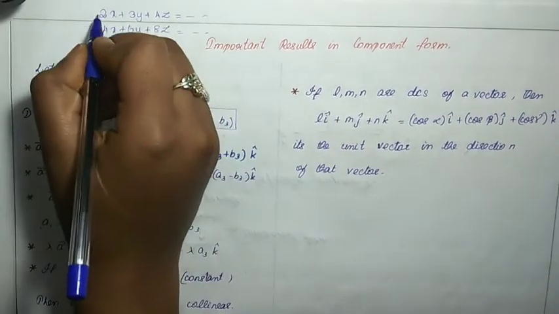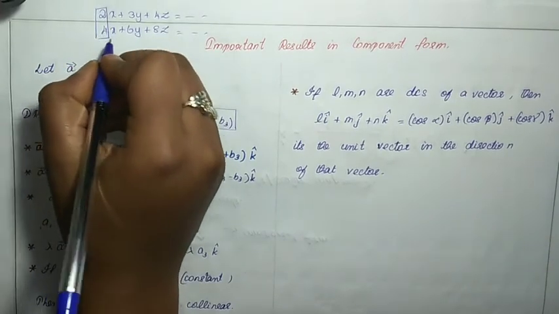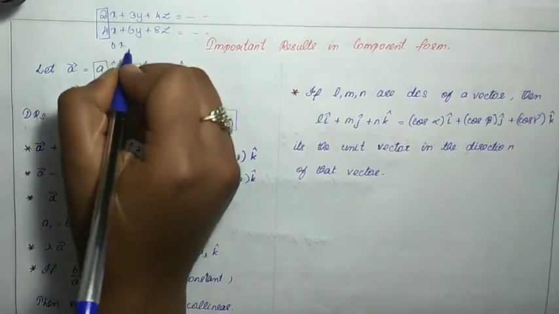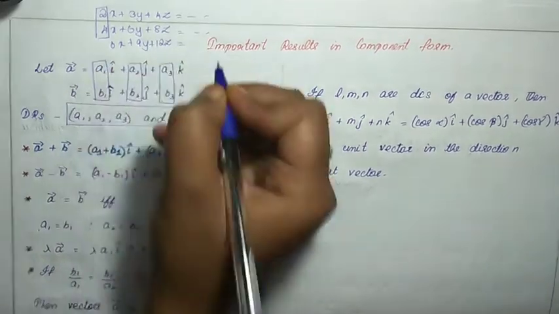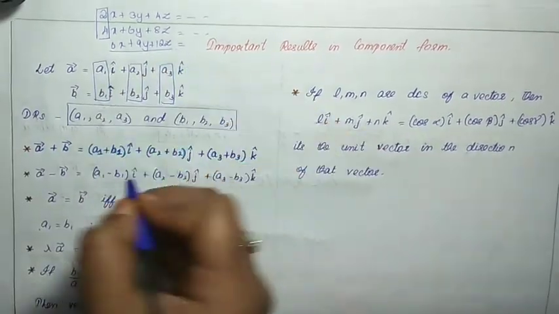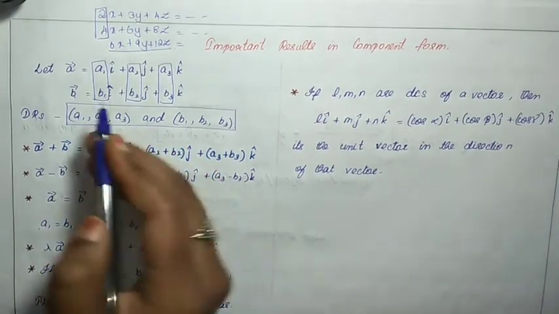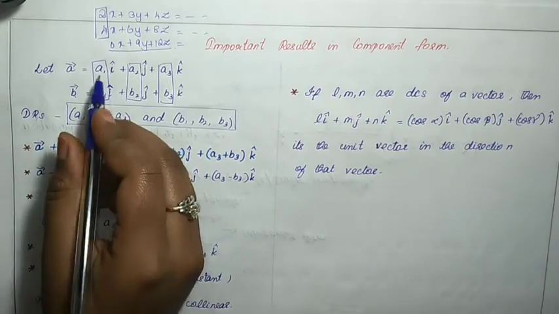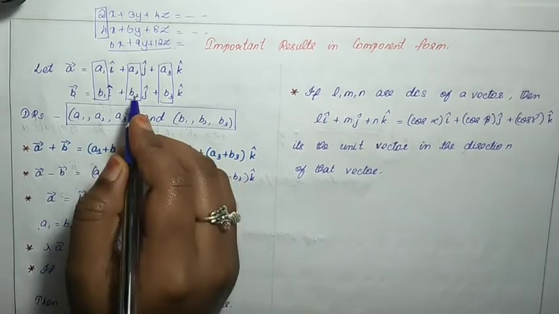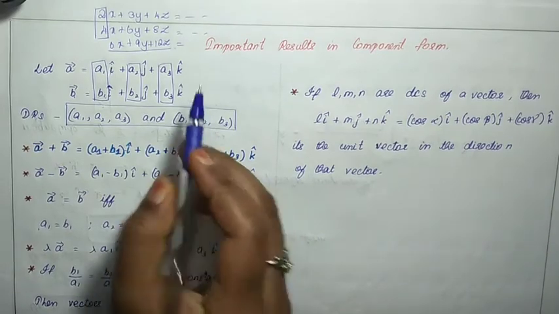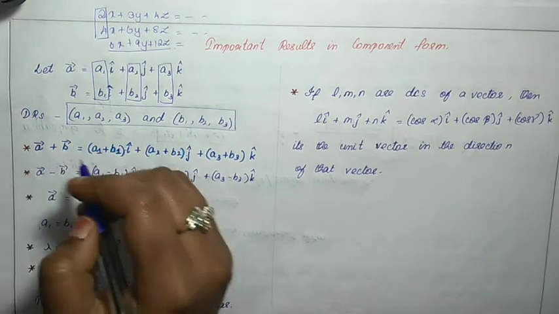How will we do it? We will be adding these two, that is 4 plus 2 will give us 6x, plus 9y plus 12z, right? So we will be doing it in this form. Therefore, even for vector addition, we will be doing it in such a way. So see here, a1 plus b1 i vector, a2 plus b2 j vector, a3 plus b3 k vector. Hope this will give you a clear idea.